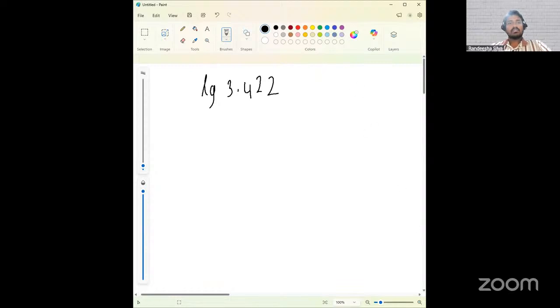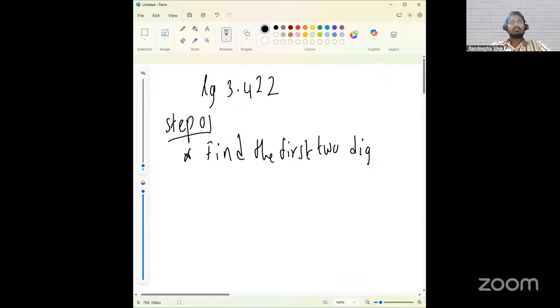First, we have to find the first two digits. Step one. The first two digits are 3 and 4. So find row 34 and column 2. Step 1 in two points: find the first two digits, it is 34.